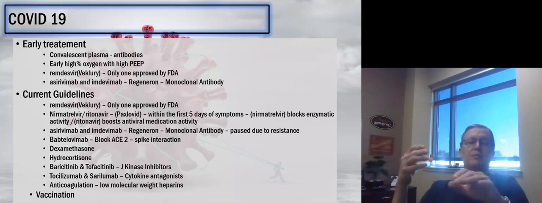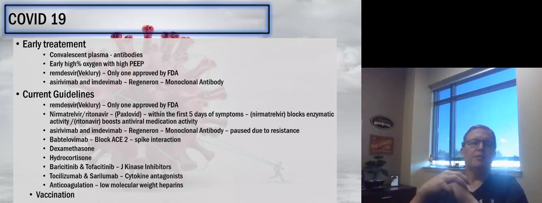They've developed a resistance to these particular antibodies. So we've paused some research on that. Now there is still bebtelovimab, which is the ACE2 blocker monoclonal antibody that prevents spike interaction, and that one is still being used.